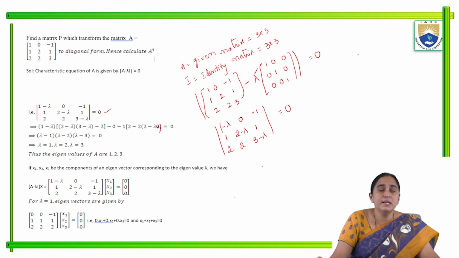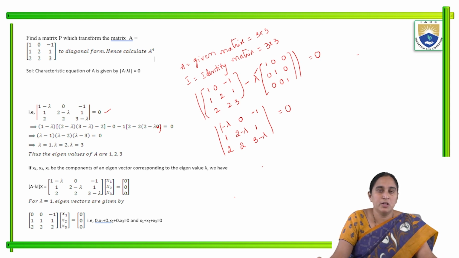Therefore, we get 3 eigenvalues for the 3 by 3 matrix. What are the 3? Lambda is equal to 1, 2, 3. Observe, these 3 are distinct eigenvalues.